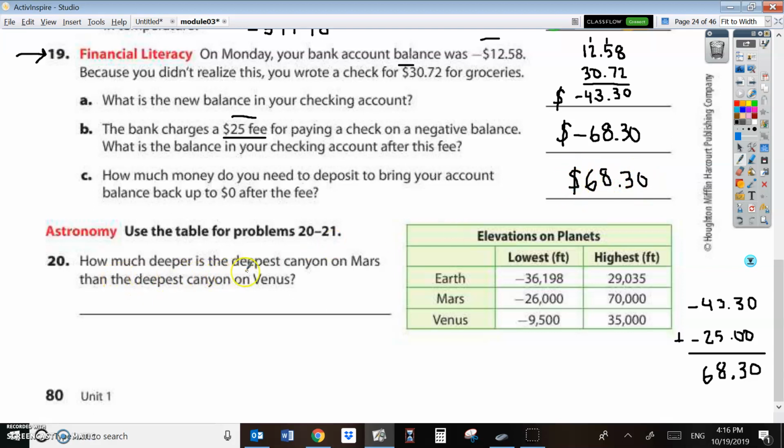How much deeper is the deepest canyon on Mars than the deepest canyon on Venus? Okay, so deepest on Mars is right here, and deepest on Venus is here. So Mars is deeper. So how much deeper?